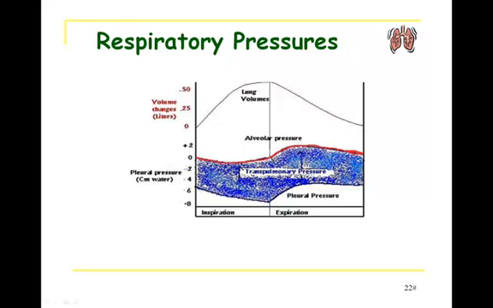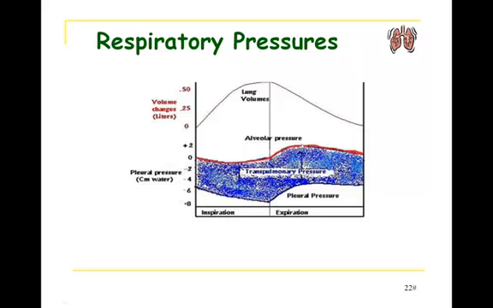Then you'll notice during expiration, alveolar pressures increase to a certain point, and then they come back down again, back to 0. So again, why is it increasing here? Because in normal expiration the diaphragm relaxes and the external intercostals relax, so the volume of your thoracic cavity decreased, so air pressure in the lungs and the alveoli increases.